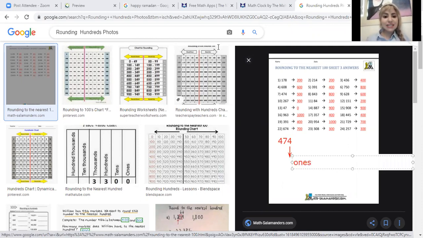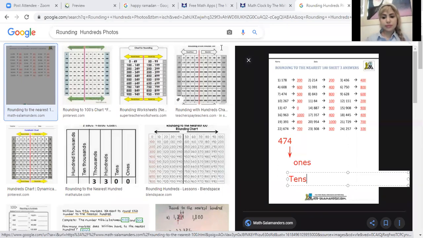Where is the tens digit? This is the tens digit. Place value. Where is the hundreds digit? Here is the hundreds digit.